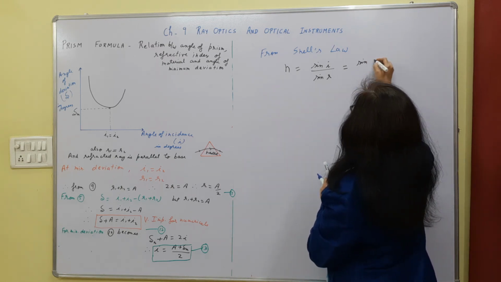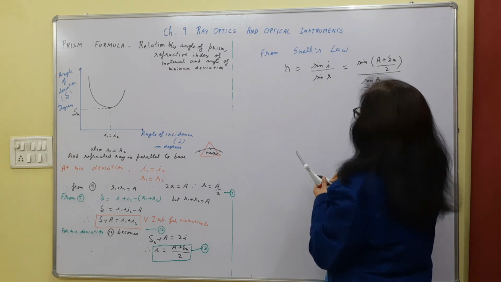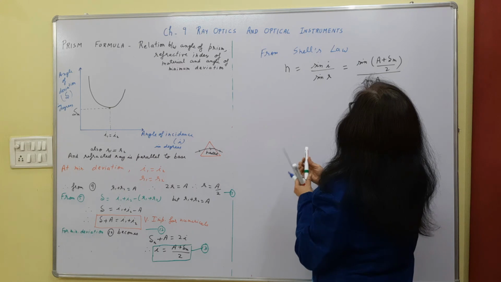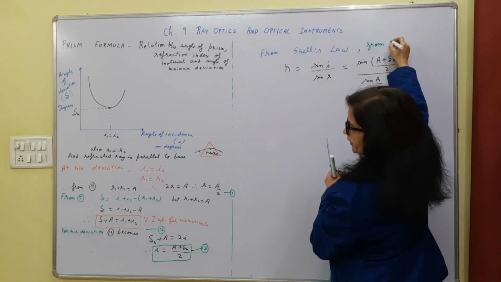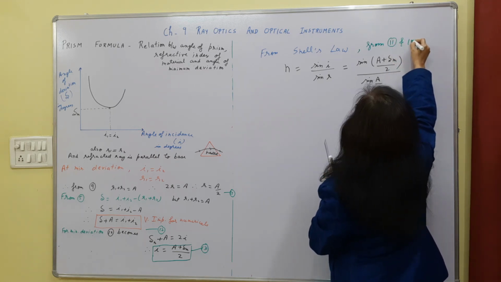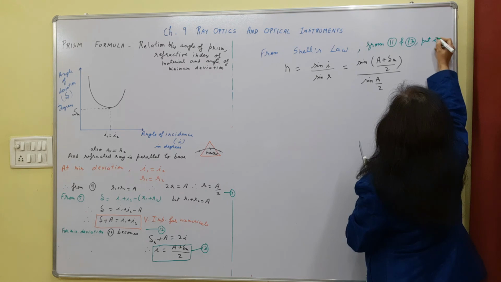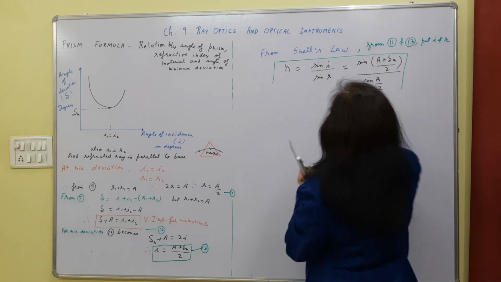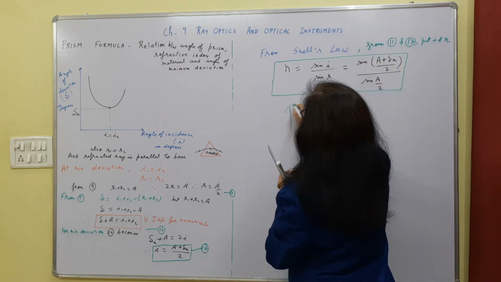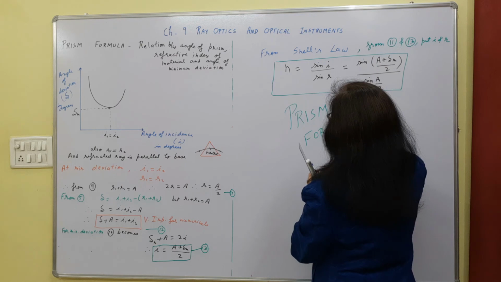So this will be sine of A plus delta m upon 2, upon sine A upon 2. This is the prism formula.